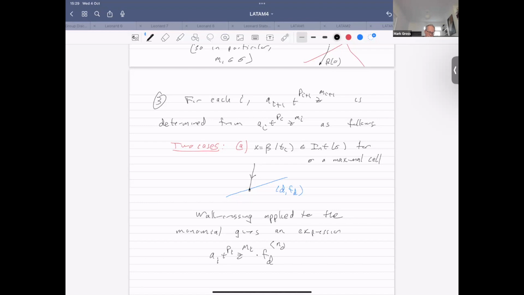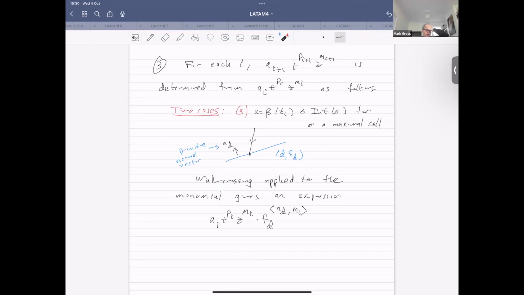That's going to be n_D evaluated on m_i, where n_D, if you recall, was the primitive normal vector pointing in the half space from which the ray is coming. So this is a primitive normal vector. Okay, so that was the wall crossing transformation applied to this monomial.